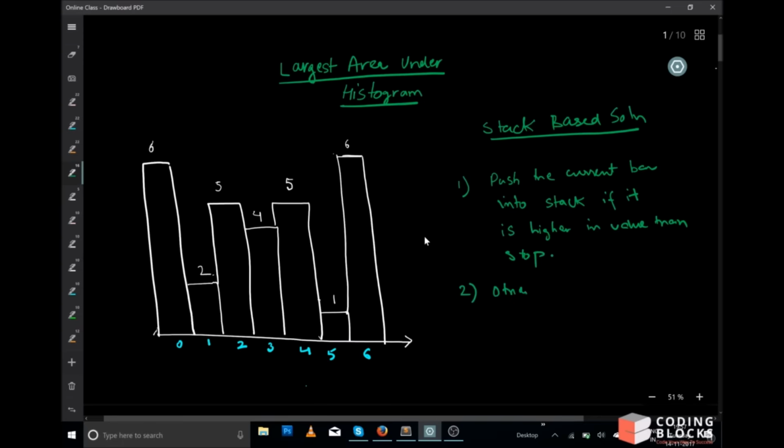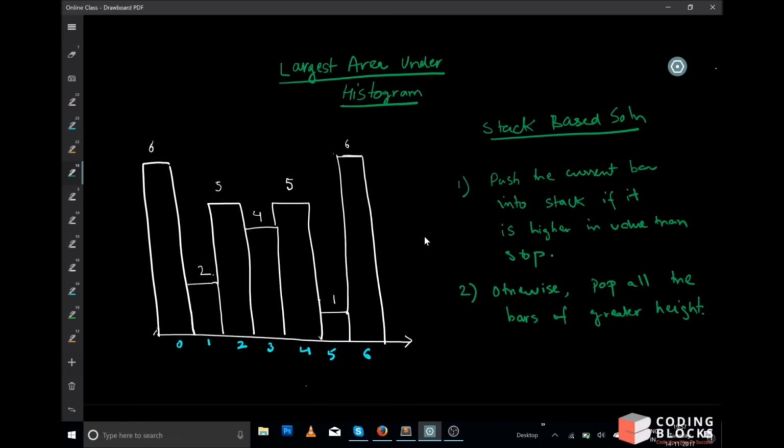Otherwise, we are going to pop all the bars of greater height. Suppose the current bar is smaller, then we are going to pop all the bars which are inside the stack and are of greater height, right?